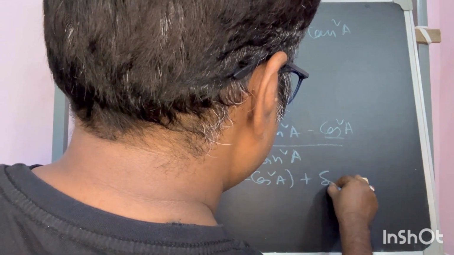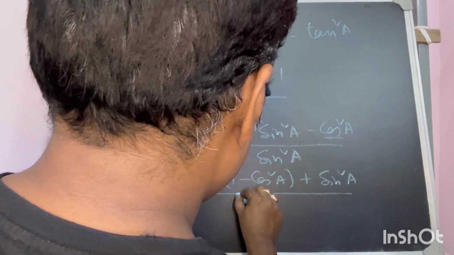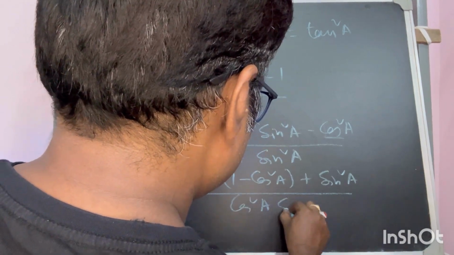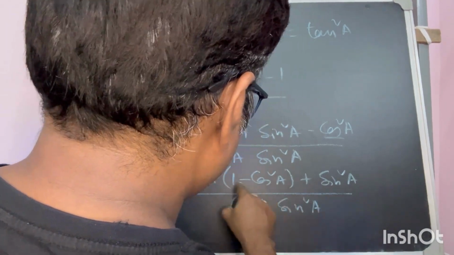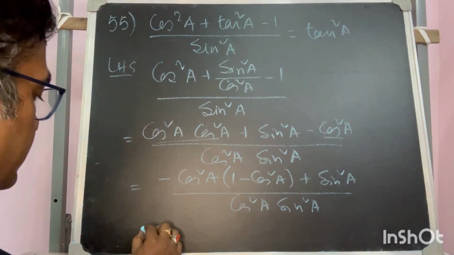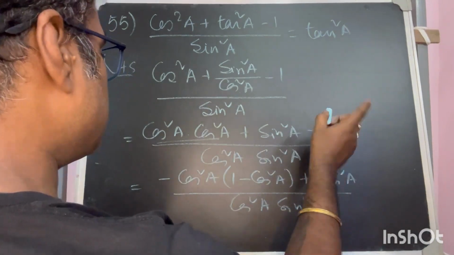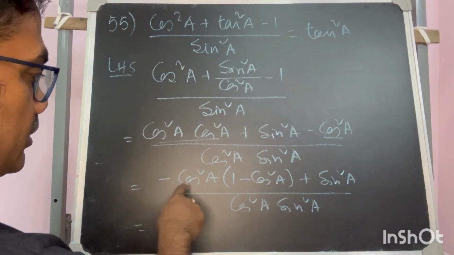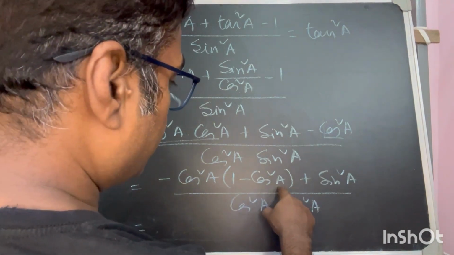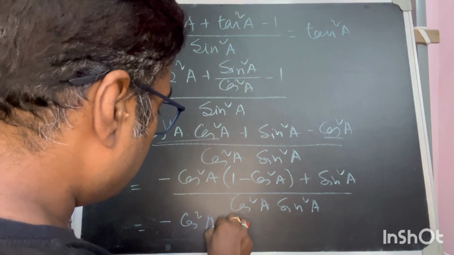Okay, so now you can guess why I have done like that. It is very obvious, because I need 1 minus cos square. Again I have to take a step. So in one step I just converted into the form of 1 minus cos square. This 1 minus cos square is again equal to your sin square.